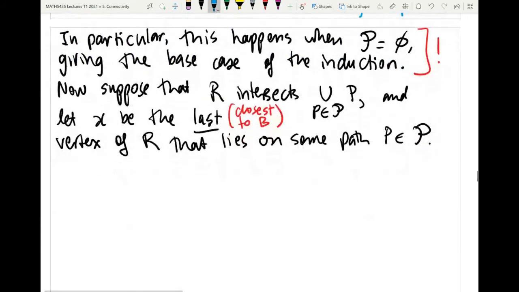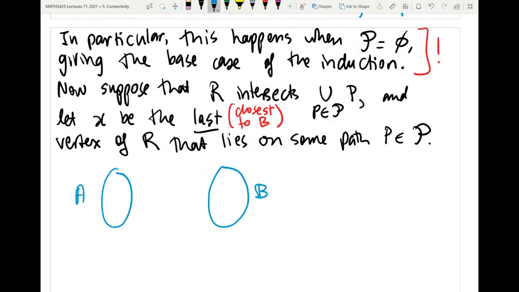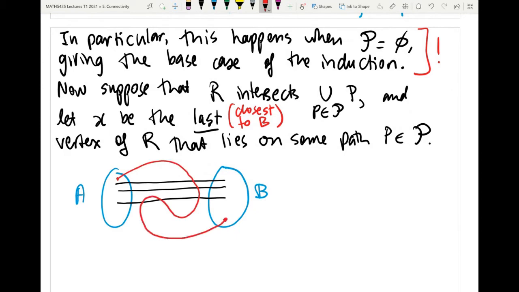So I'll draw another picture that we'll probably see a few times. Similar pictures. So A, B, we've got some paths already existing, and then R comes in, which is new, and maybe it wanders around and intersects a few times, and then it ends up here in B. And X, the last time it intersects in this picture, it's right here, X. Okay?